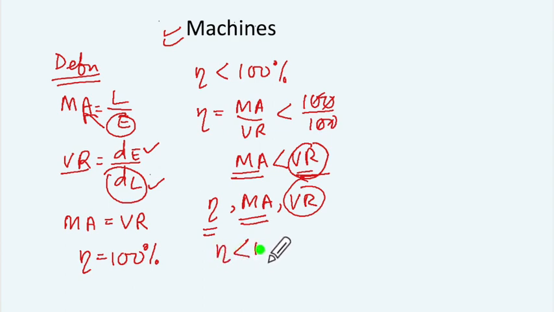Why is efficiency less than 100%? This is an important give reason. This also forms a good MCQ. Learn the reasons why efficiency is less than 100% in a practical machine. That is an important question.